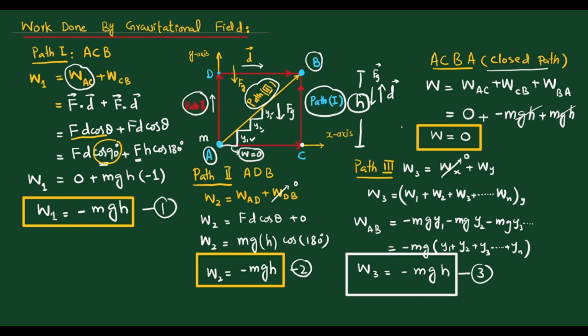What is a conservative field? The gravitational field is a conservative field because the work done in the gravitational field is path independent, and also the work done in a closed path is equal to 0. Hence we can say that the gravitational field is a conservative field.